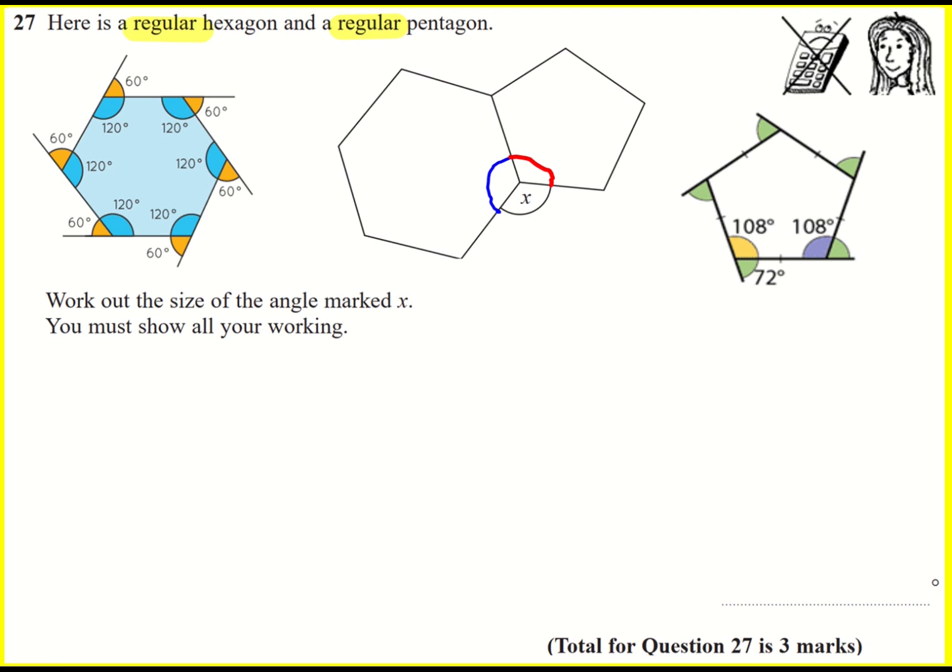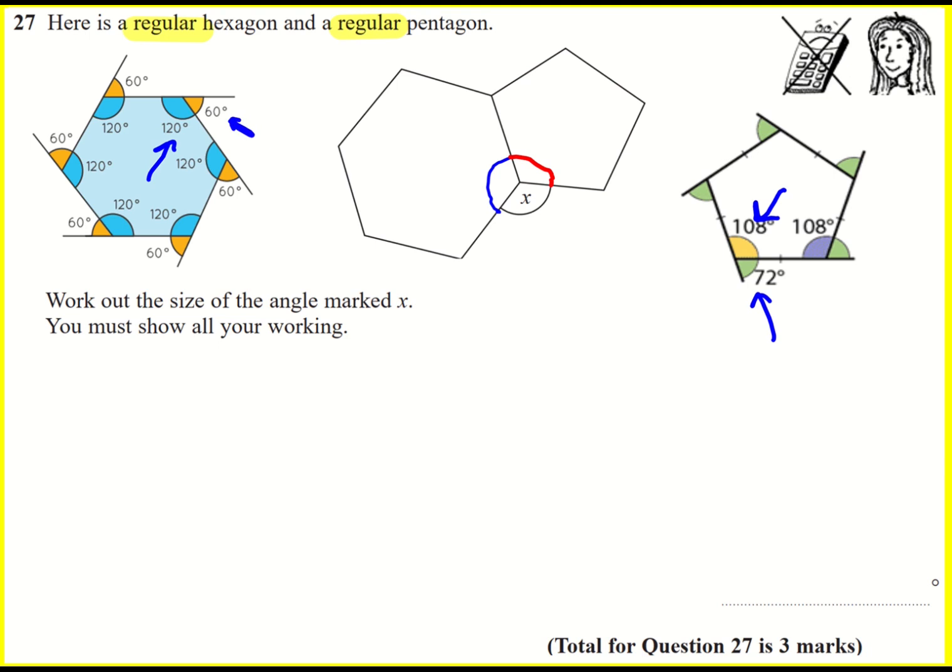So how do we work out these angles? Obviously you can see on the diagrams I've just brought onto the screen, they've given you the interior and the exterior angles of these respective polygons. So here for the regular pentagon, the interior angle is 108 and the exterior angle is 72. For the regular hexagon, the interior angle is 120 and the exterior angle is 60.